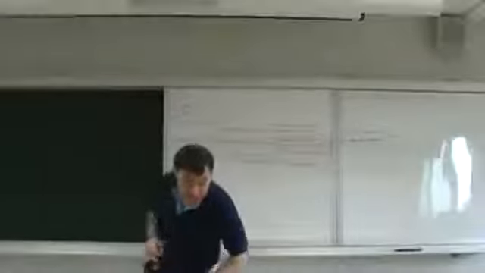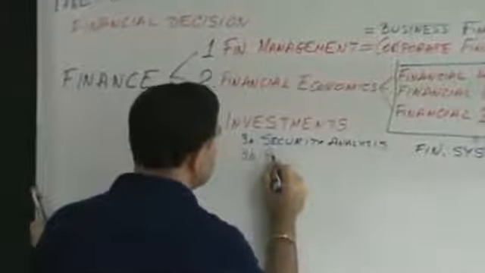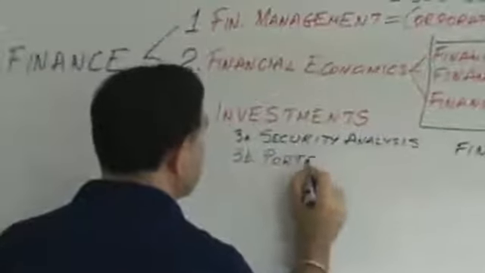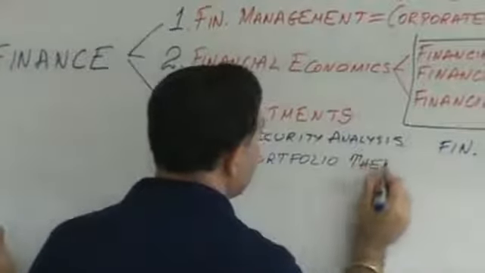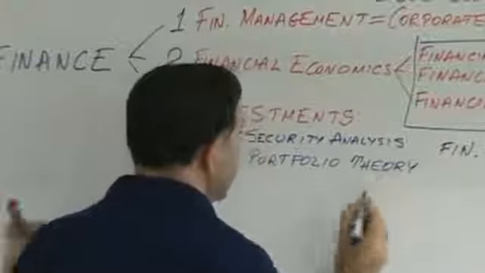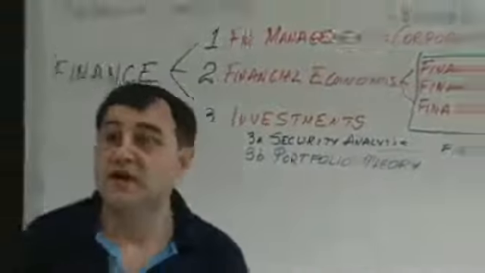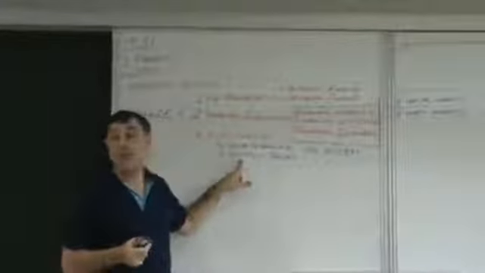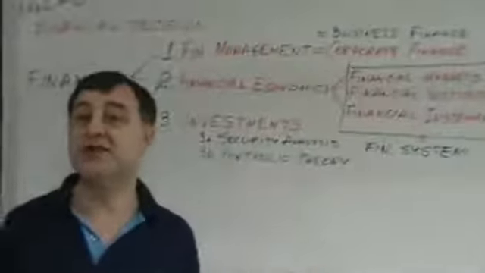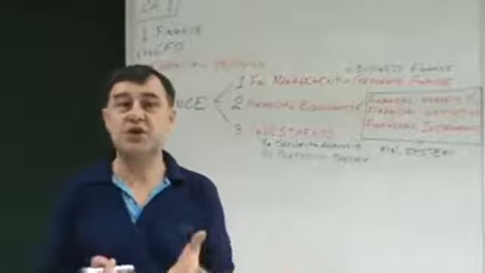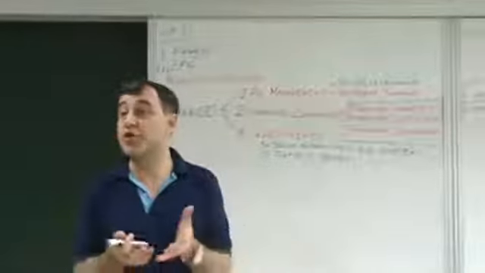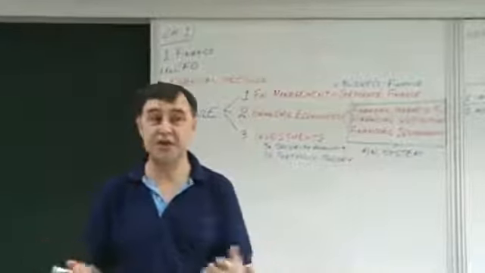The next one is called portfolio theory, 3B. We need to say what a portfolio is, and a portfolio is simply a collection of investments, a group of assets taken together.